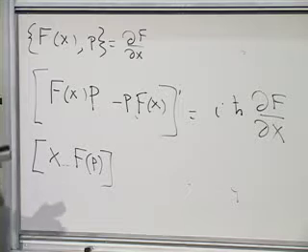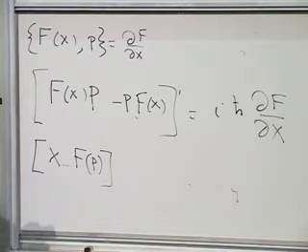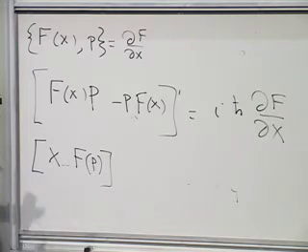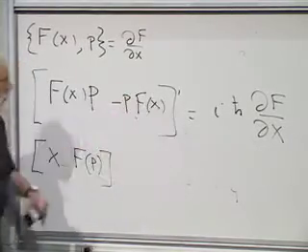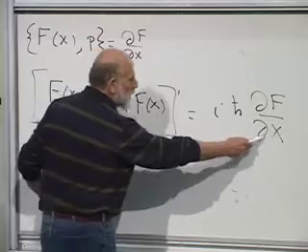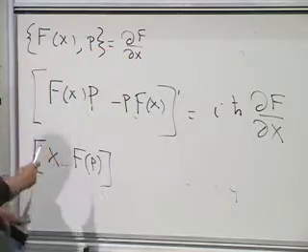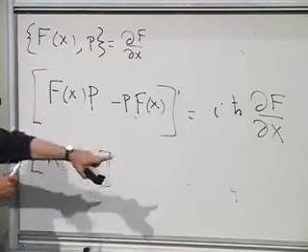Remember, there's this reciprocal relationship between p and x. They come in completely parallel to each other. p and x can be sort of interchanged. They're simply Fourier transforms of each other. And it wouldn't be surprising if this formula just gave way to a similar formula in which we differentiate f of p with respect to p.